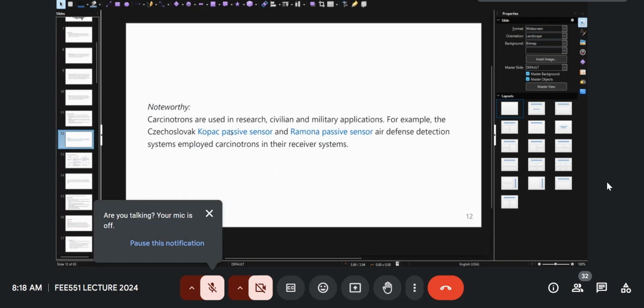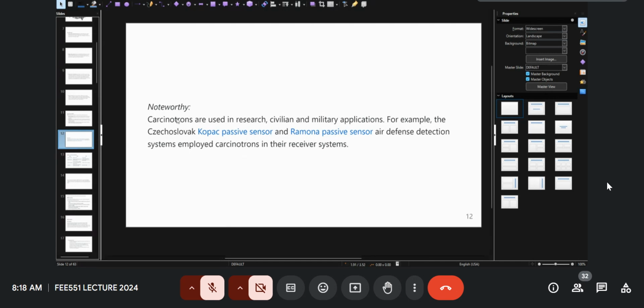Practically, something interesting I found is in this slide that I'm sharing. Noteworthy: casinotrons, which is the other name for BWOs, are used in research, civilian and military applications. For example, the Czechoslovak Kopac passive sensor and Ramona passive sensor air defense detection systems employed casinotrons in their receiver systems. This is a real life application.